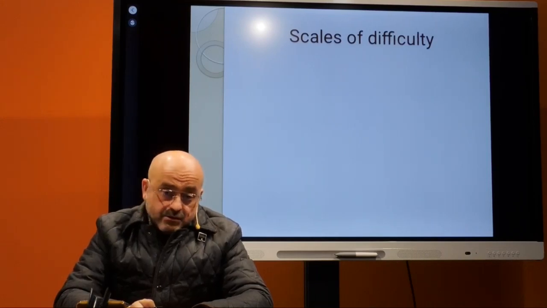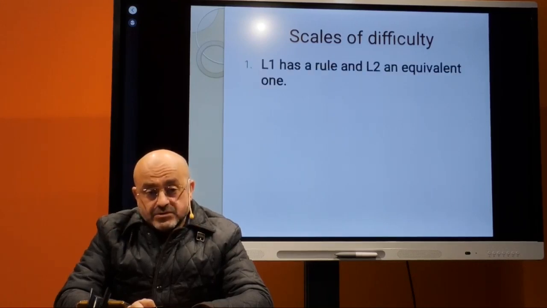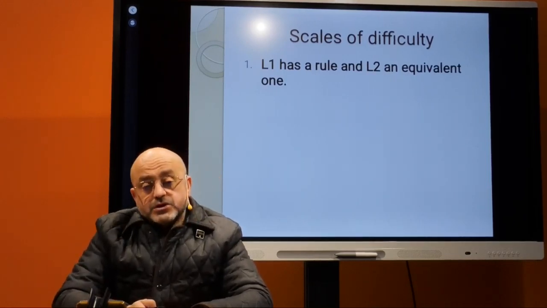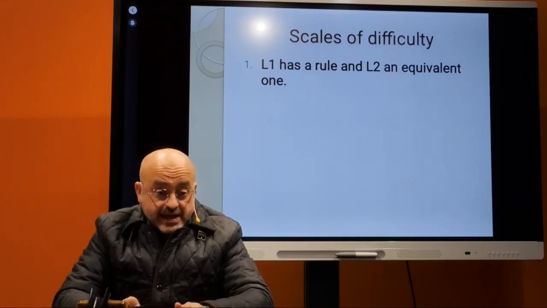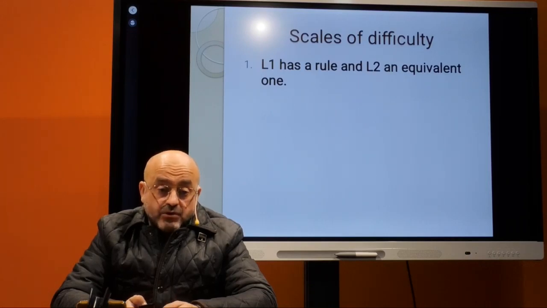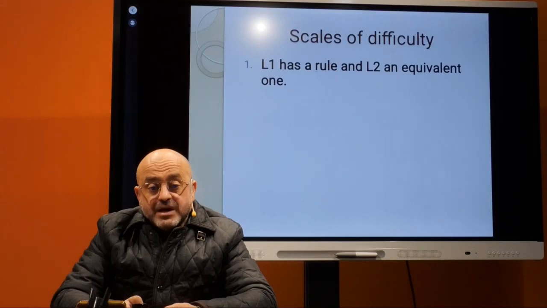Now here we have identified scales of difficulty according to contrastive analysis, and here we have 3 levels. The first case is when L1, or the mother tongue, has a rule, and L2 has an equivalent one.